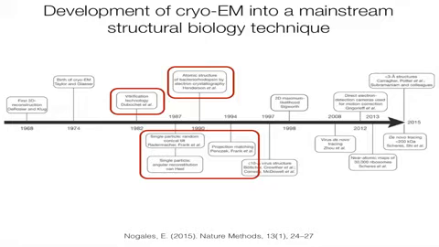And there were also important demonstrations of what cryo-EM can do. In 1991, the first atomic structure of bacteriorhodopsin was determined using a type of cryo-EM called electron crystallography, cryo-electron crystallography. And this showed that we could really gather important structural information about macromolecular assemblies.